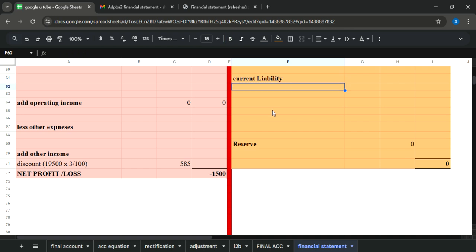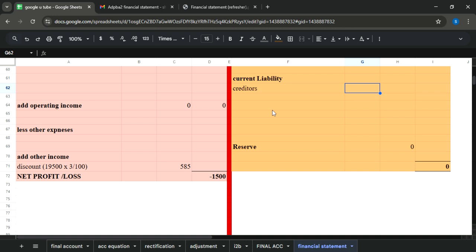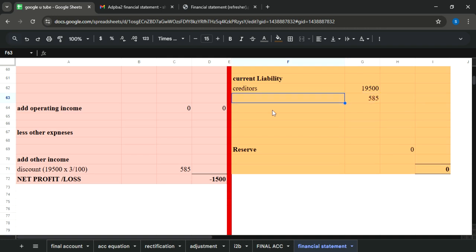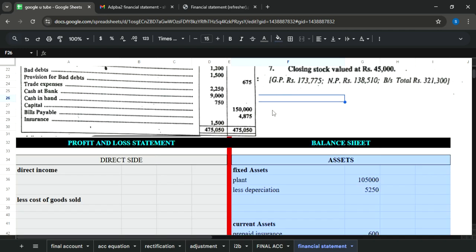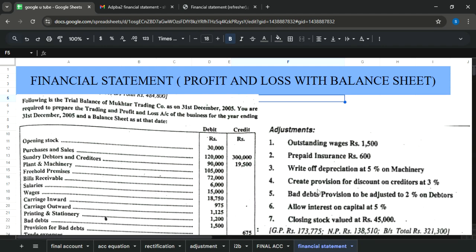So here in current liability, you will mention creditors first, the amount of which was 19,500 and then 585. This was your discount due to which creditors would be decreased. So here less you will mention discount. So the double effect is completed. Now next step, fourth adjustment is completed.